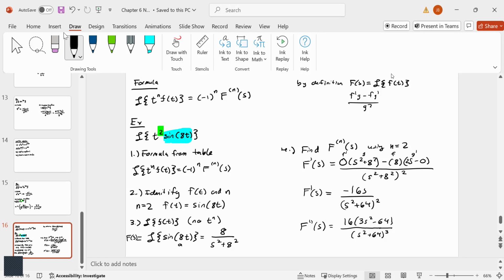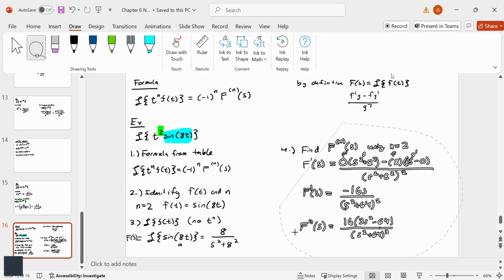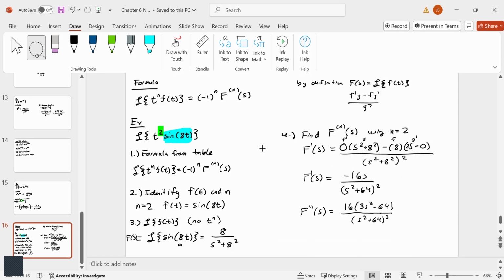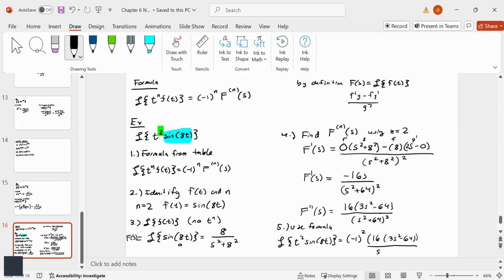And so then step five is just going to be, okay, now we just use the formula. So step five is use formula. The Laplace transformation of t squared sine of 8t is equal to negative 1 to the second power times 16 times 3s squared minus 64 all over s squared plus 64 to the third power.